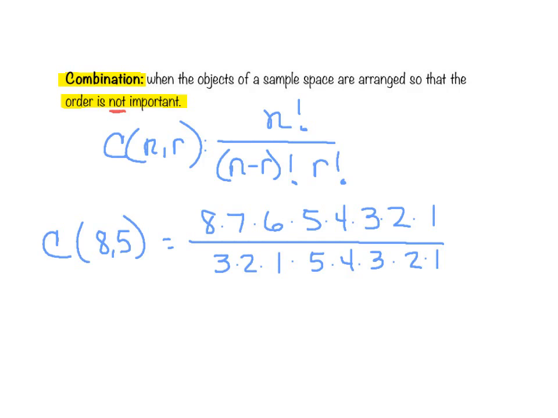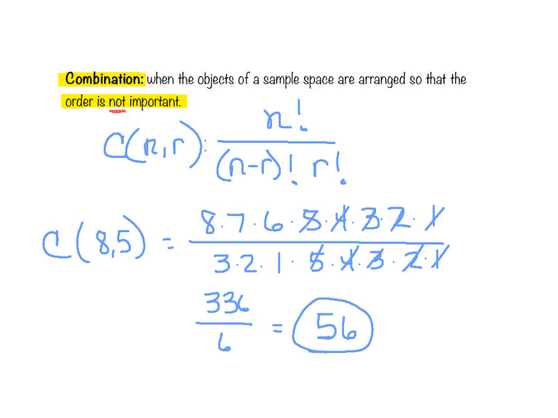Okay, so everything that is common, we're going to go ahead and cancel, and we're going to multiply. So we do 8 times 7 times 6 is 336 divided by 3 times 2 times 1, which is 6. And we simplify. 336 divided by 6 is 56. There are 56 ways to choose 5 items out of 8 where the order doesn't matter.